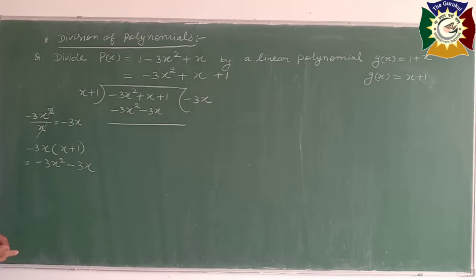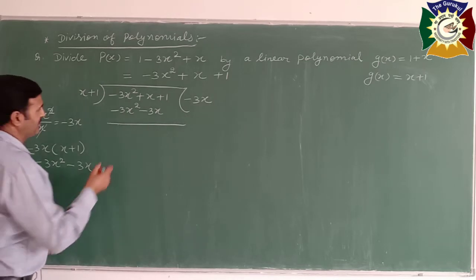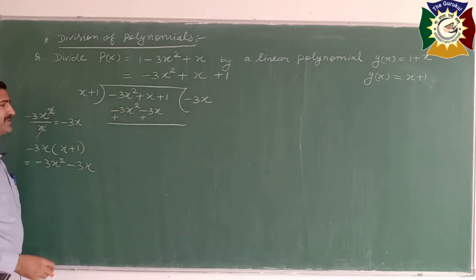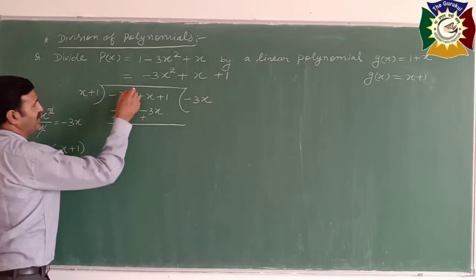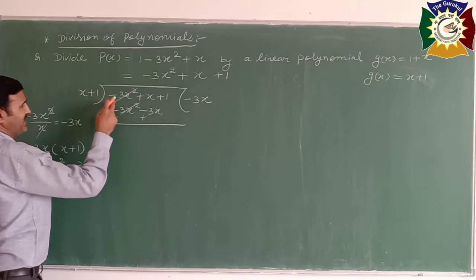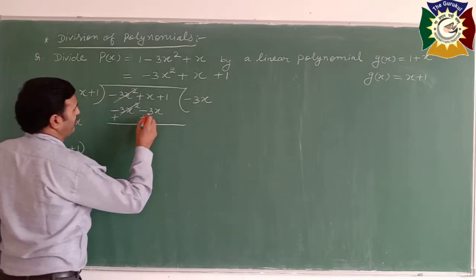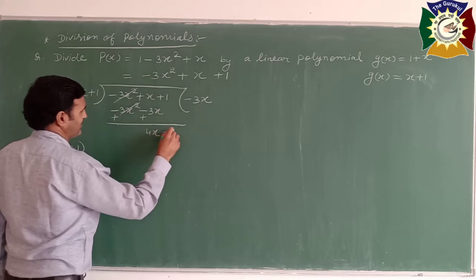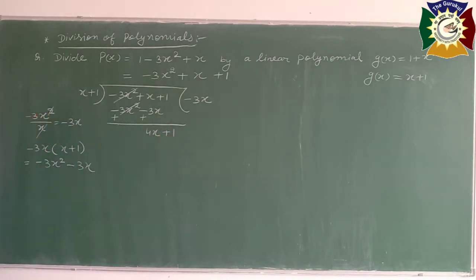We will change the sign because we have to subtract this. First term plus minus cancel. Plus 3x plus x, plus 4x, plus 1 as it is. Again divide the first term by this first term, 4x by x. We got 4.